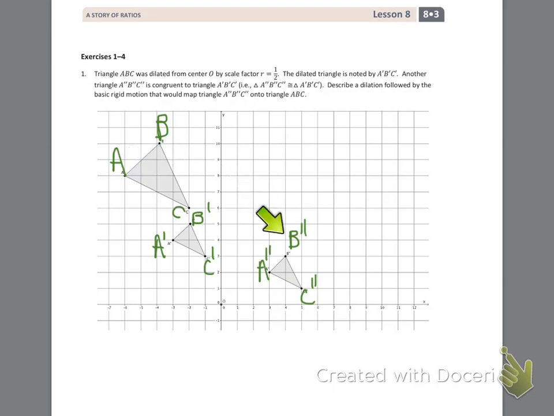So we know this congruence here. We know the scale factor between these two. So this will be a dilation followed by just one rigid motion that would map those. So go ahead and pause and do that and come back and we'll look at a solution for this.